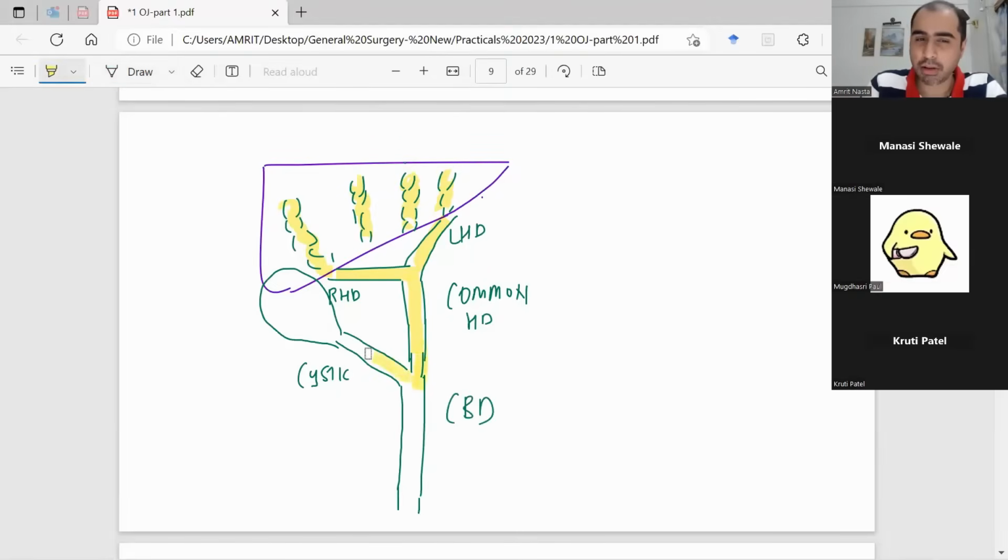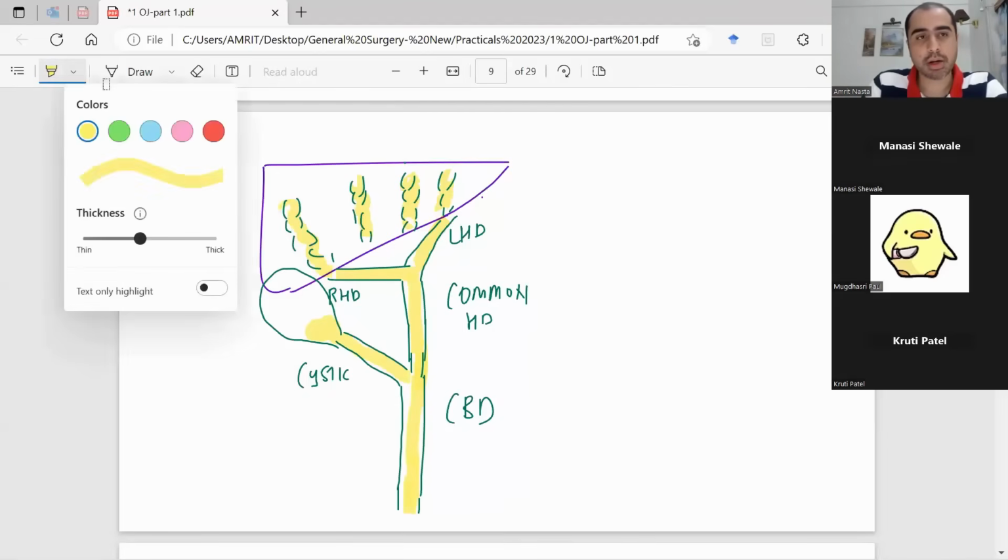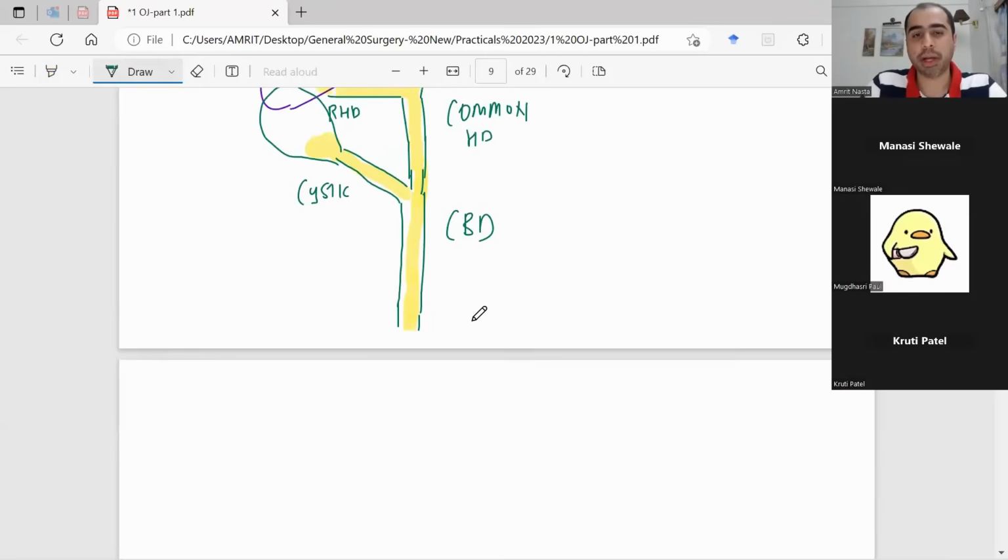Some of this bile goes into the gallbladder and gets stored there. The gallbladder is not producing; it will store the bile so that when I eat, it will eject the bile. Eventually this bile will enter the duodenum at this opening called the ampulla of Vater.